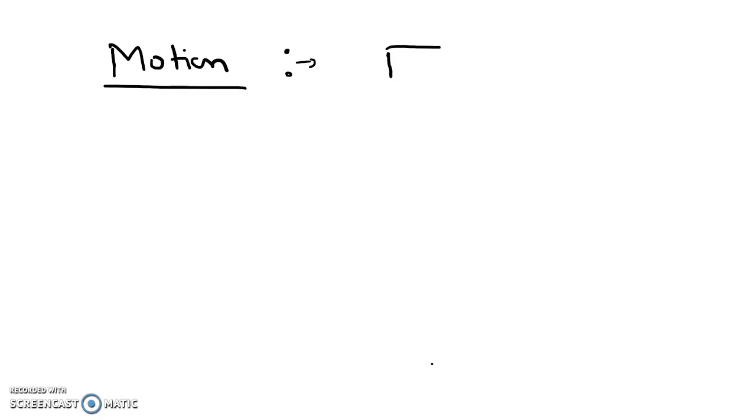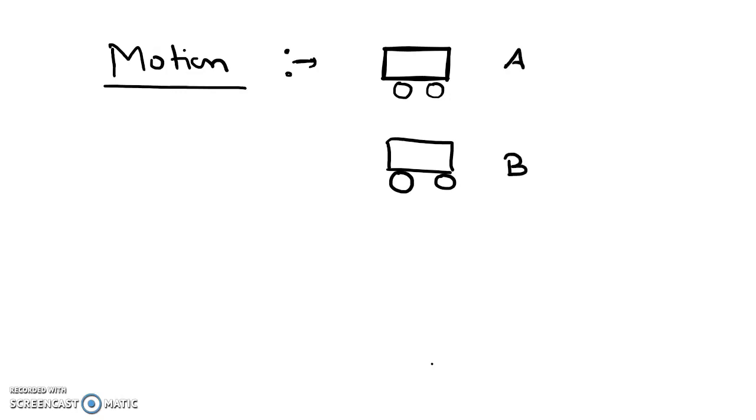Say for example, a body is in motion, and how do we know about another body in motion? Say body A and body B, both are in motion. Then how do we quantify the motion of A and B, or differentiate between the motion of A and B? For that we have different quantities, or parameters.